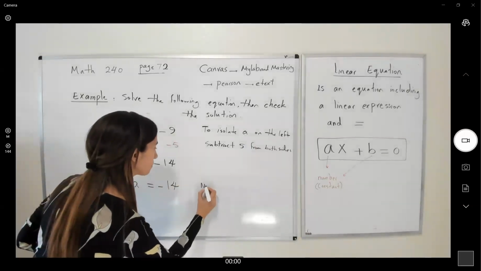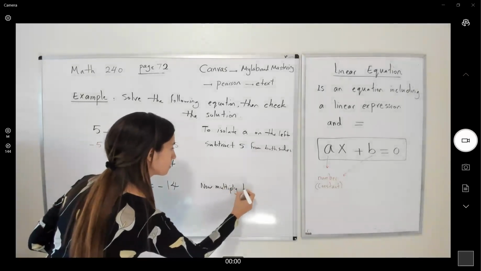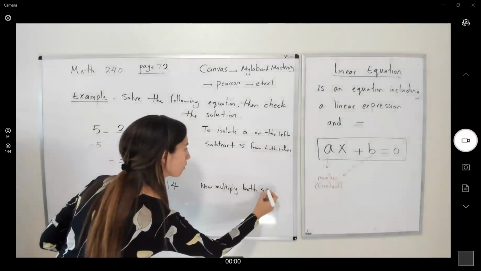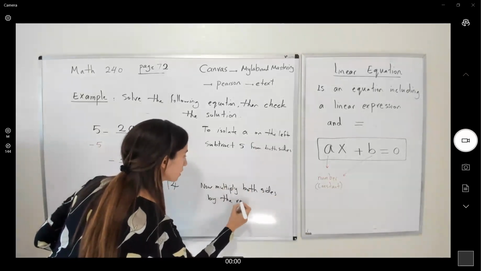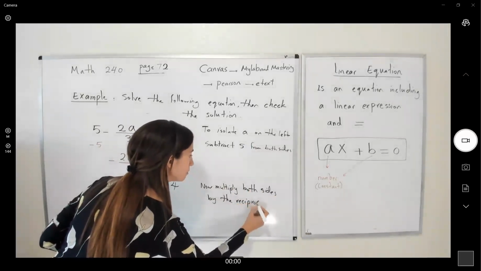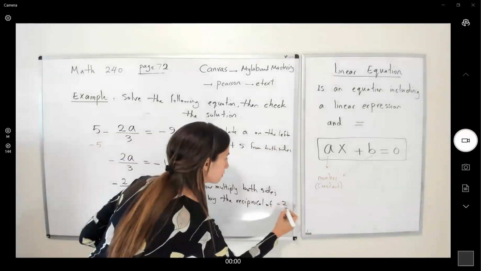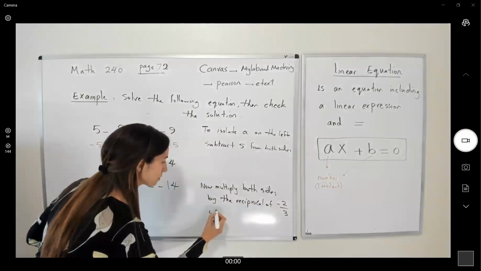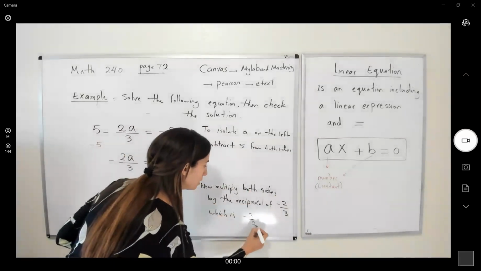Now, multiply both sides by the reciprocal of negative 2/3, which is negative 3/2.